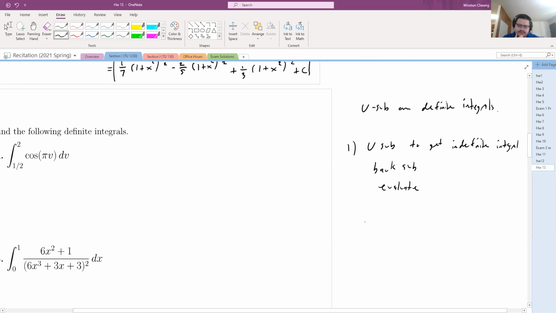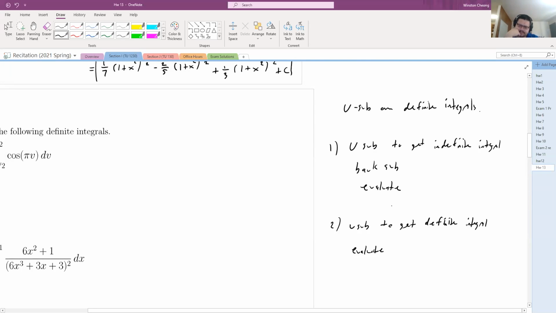So this is one approach. And the other approach is you sub to get a definite integral, and then you evaluate.